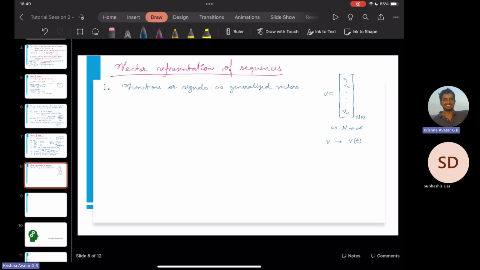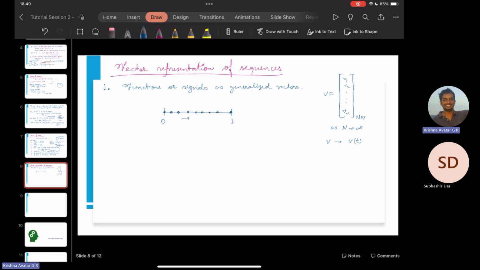So the way I would say is, let's first have this 0 to say 1, right? Initially we had values of the signal at these discrete points, some uniformly separated points, right?